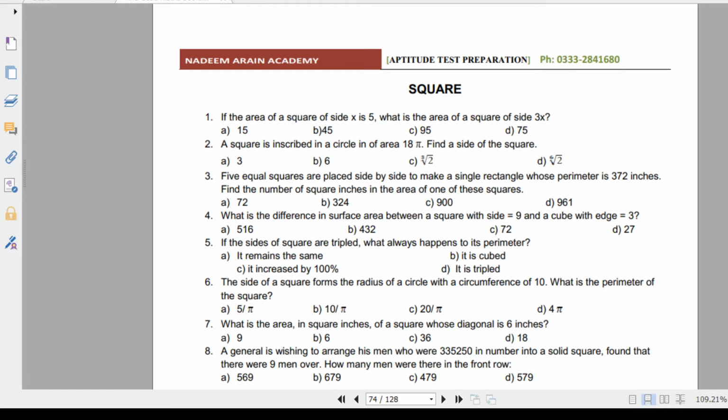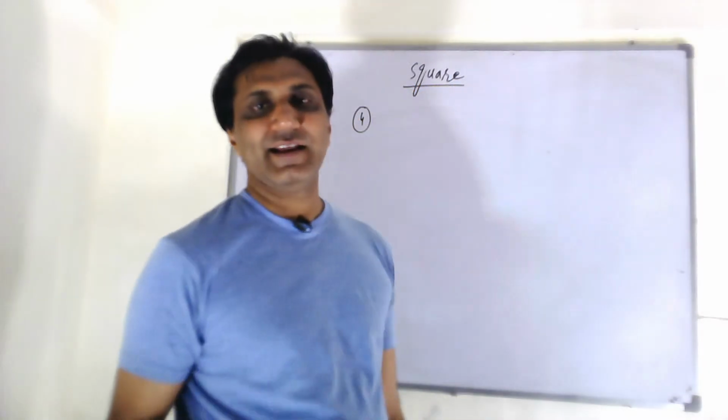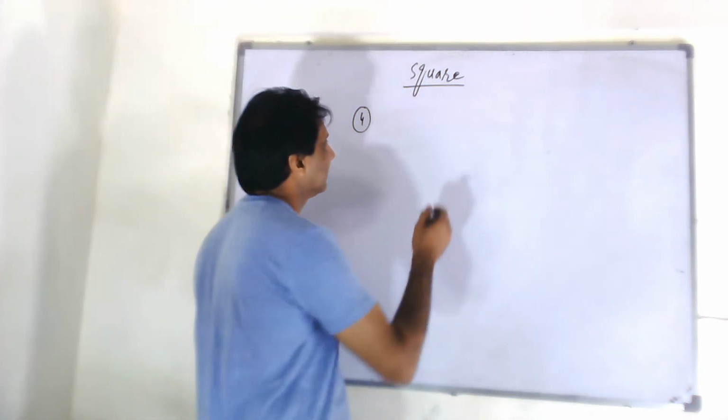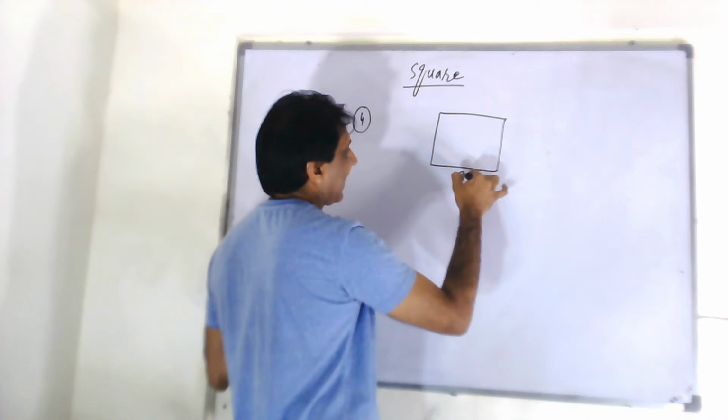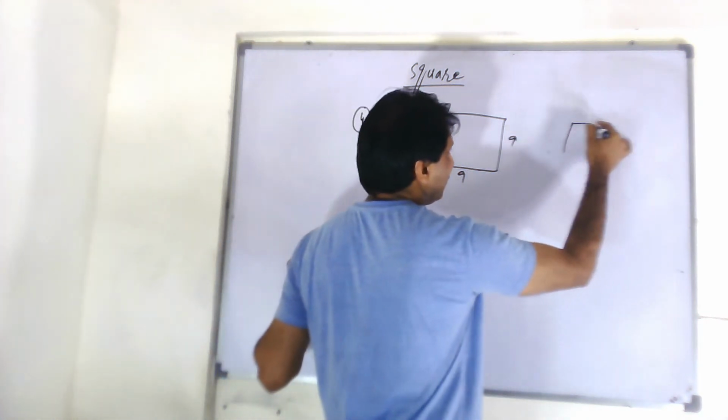Question number 4. What is the difference in surface area between a square with side 9 and a cube with edge 3? A square with side 9 and a cube with edge 3.